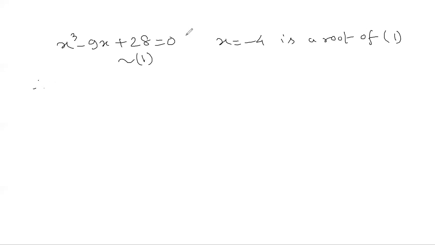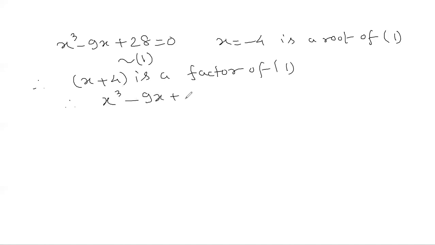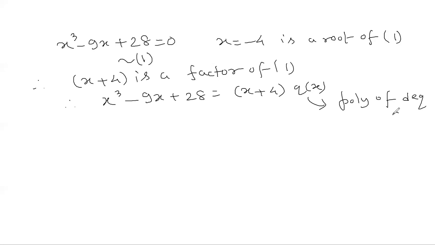So from the factor theorem we can say x plus 4 is a factor of equation 1. So x cube minus 9x plus 28 can be written as (x plus 4) times q(x). Okay, so q(x) would be a quadratic polynomial, which we can very easily solve, right? So let us try to divide this by x plus 4.